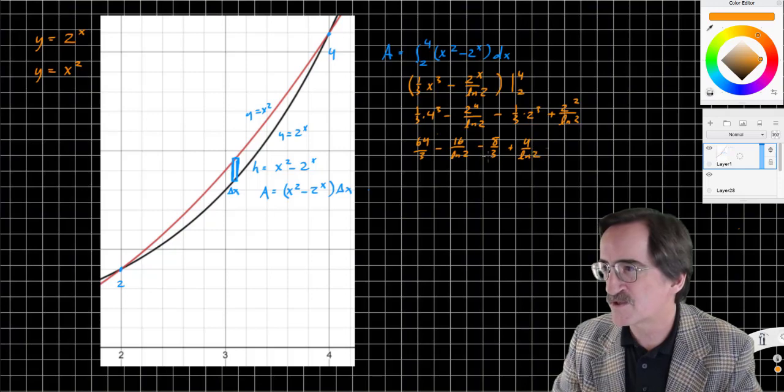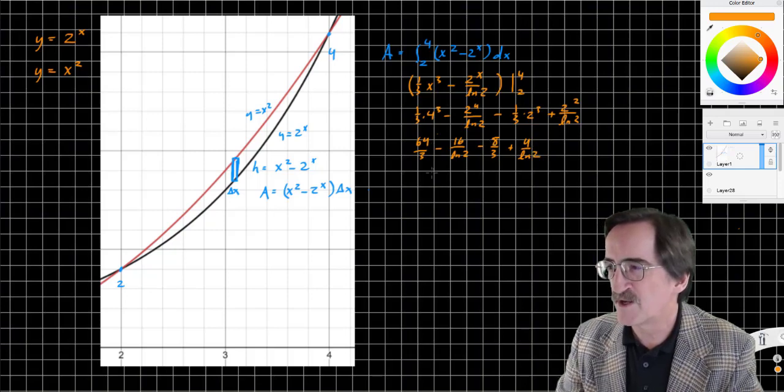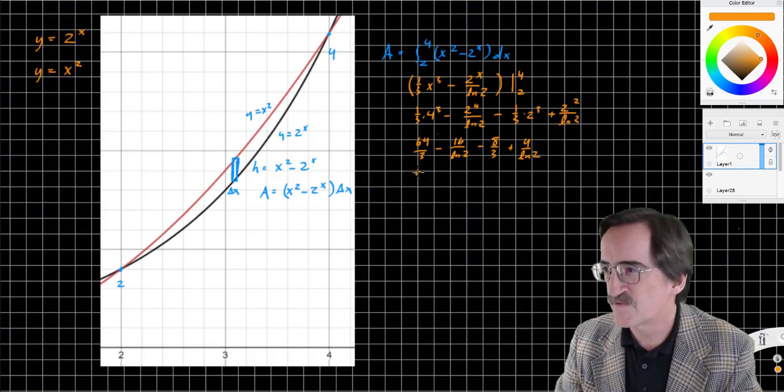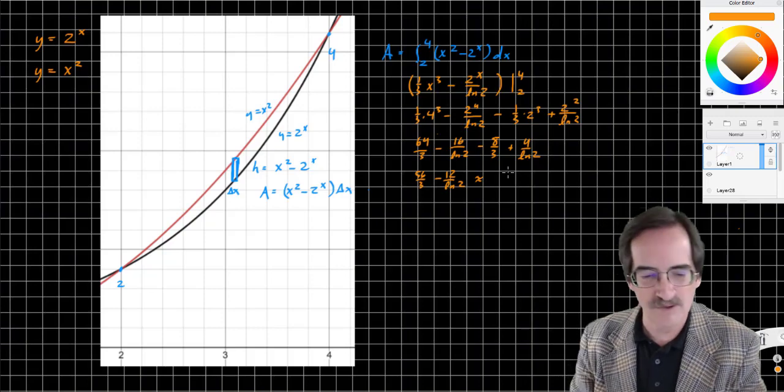We have some like terms. 64 thirds minus 8 thirds is 56 thirds. Negative 16 over ln 2 and 4 over ln 2 leaves negative 12 over ln 2. Let's go ahead and see what that comes to. That's about as simple as that gets.